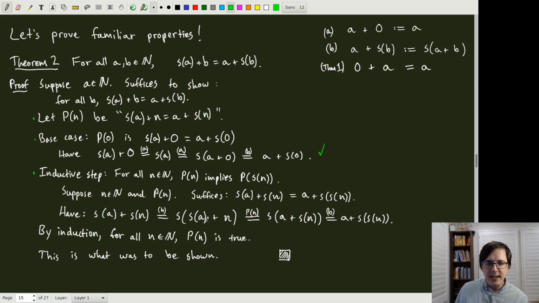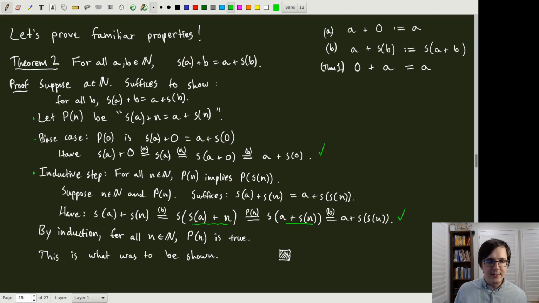Then we apply the induction hypothesis, Pn, which is S of A plus N is A plus S of N. We see that right there, and we replace it. Lastly, we take the definition again, and we take the S that's on the outside and pull it in. And we get the right-hand side of what we wanted to show. So the induction step is valid.